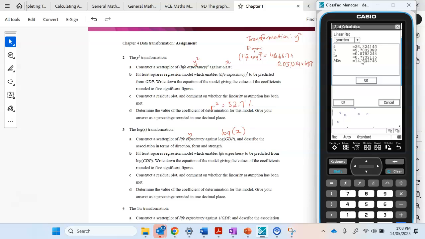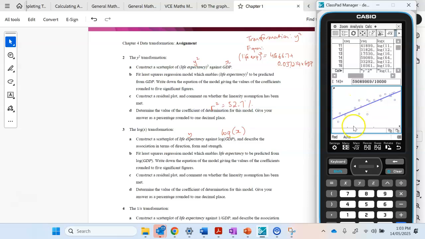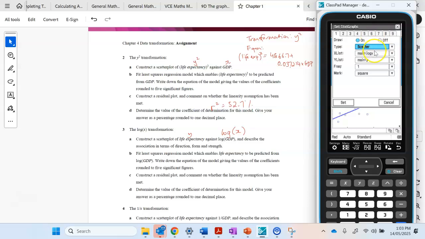So that's 77.3%. All right, so writing them down as you go. It does fit the regression line as well. We're also going to plot the residual plot. So we're going to go back and do log x and residual. So your residuals are always on your y-axis.